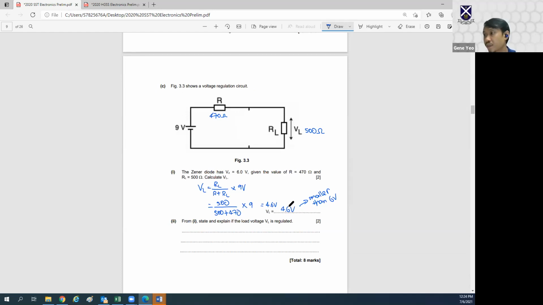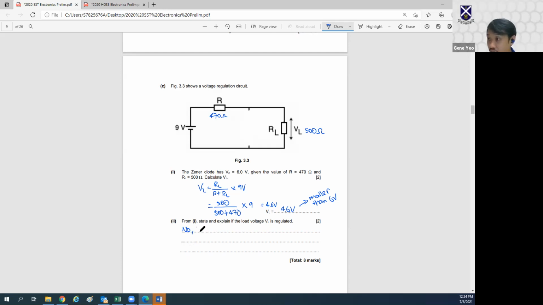Now we have to say and explain if VL is regulated or not. I just explained that it's not going to be. So you have to say that no, and why?